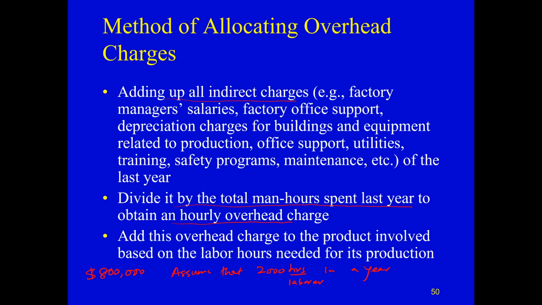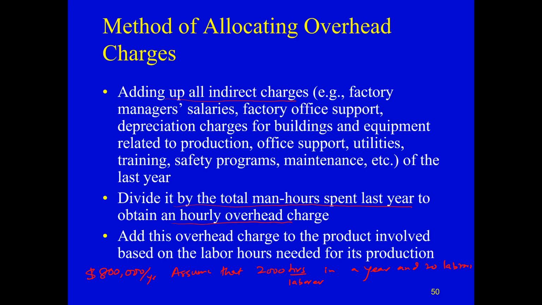This $800,000 is per year. So we have to allocate these overhead charges. We assume that 2000 hours per laborer is worked in a year, and there are 20 laborers.